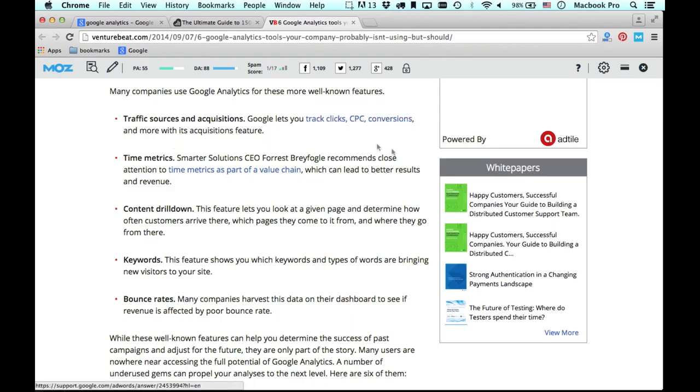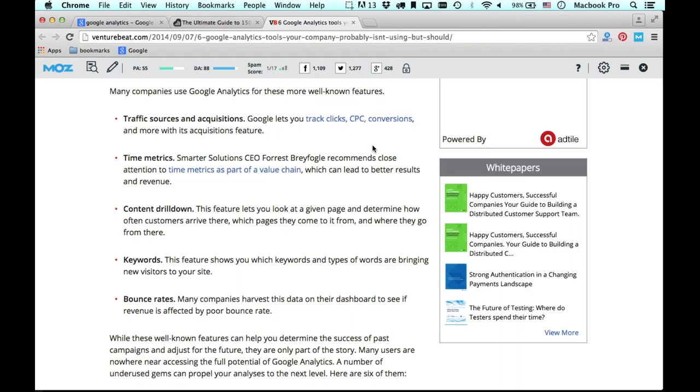If you are running CPC, cost per click campaigns, such as through AdWords, you can actually link those two together. That's useful, and then you can put in conversion metrics and study whether or not those people coming from AdWords are converting into customers. That's pretty important. But of course, I'm assuming that you're not doing the AdWords stuff, because this is an SEO course and we're focusing on organic search traffic.